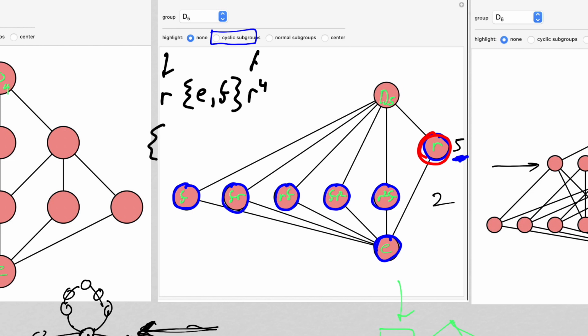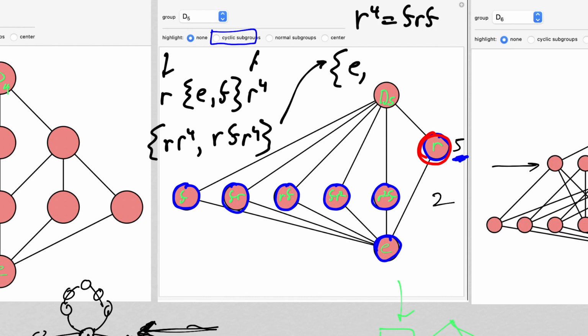We get the set R to the fourth, and then R to the fourth, right? That's what comes out of this. Well, R to the fifth is E. So this becomes E. And then R to the fourth, well, we know from the multiplication table that R to the fourth equals FRF.